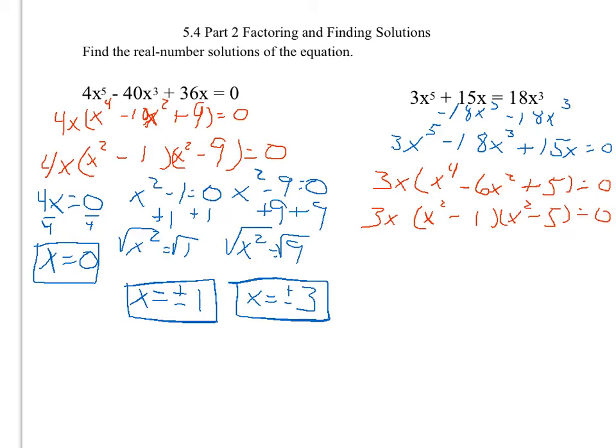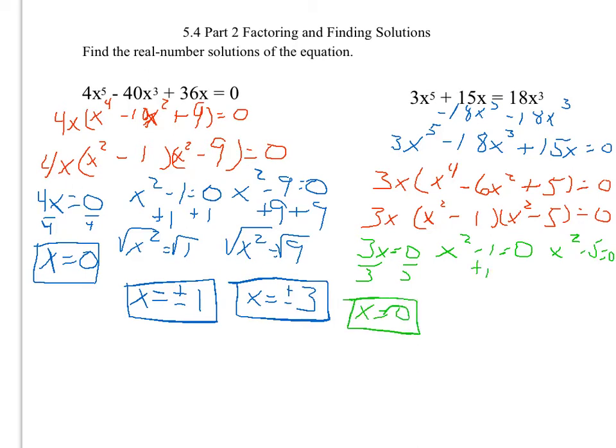Now, just like before, we can set everything equal to 0 and solve. So the 3x equals 0, x squared minus 1 equals 0, and x squared minus 5 equals 0. Set them all equal to 0 and solve. This one is pretty simple, x equals 0. Here, we can add the 1 just like before, so x squared equals 1, and then we can square root it, so x would equal plus or minus 1.